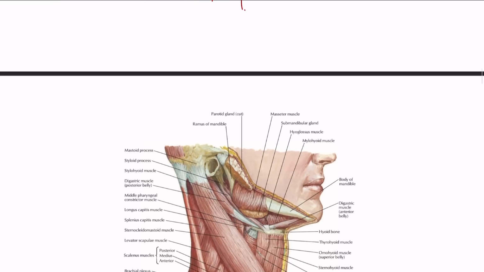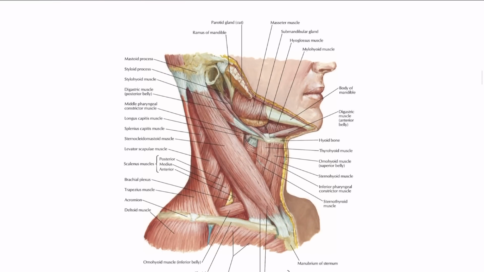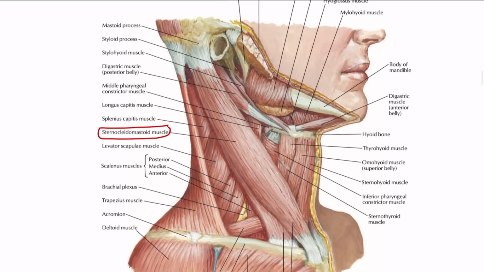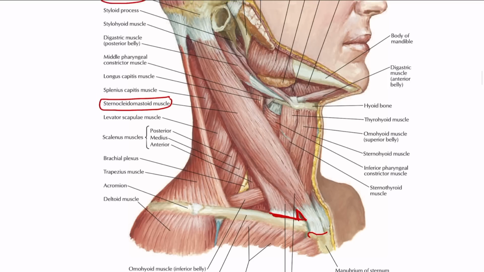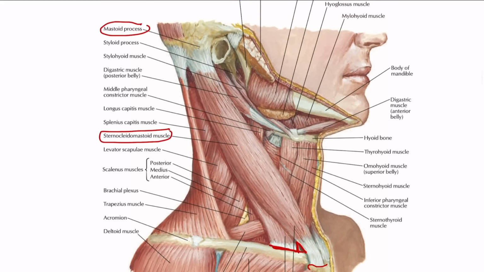This is the sternocleidomastoid muscle, coming from the outer surface of the mastoid process, and it is inserted by two heads: a sternal head and a clavicular head. There is a small space between them, as you can see down there.